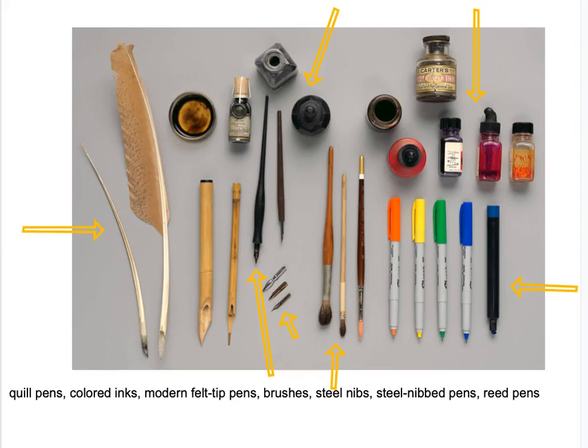They're made in a special way that when you dip it into the ink, kind of like the quill, the ink goes up into the nib. It sticks to the sides of it and goes up into it just a little bit. And then as you write, it slowly comes out the tip. And then these are reed pens.